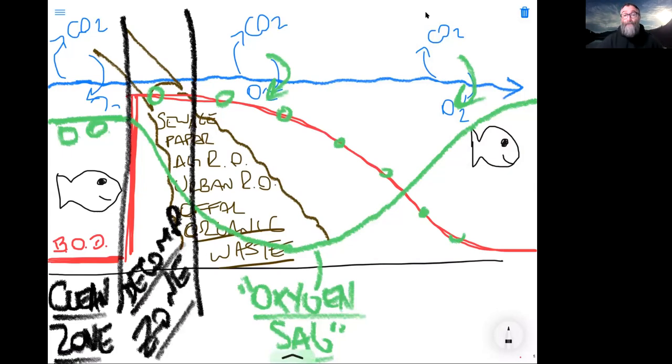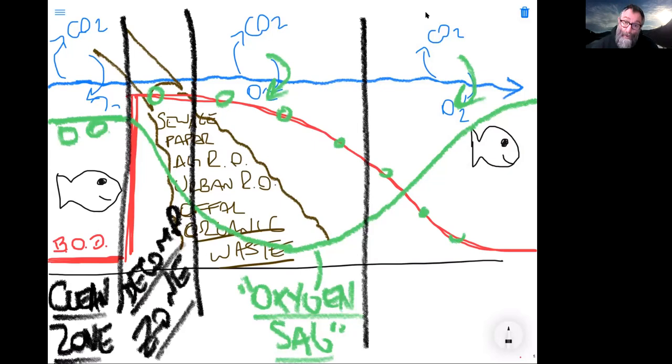Decomposition zone. That's the part where you have compostable stuff coming in. The organic waste is coming into the water. Decomposition zone. And then you get an area where there's such low oxygen that very little life is possible.